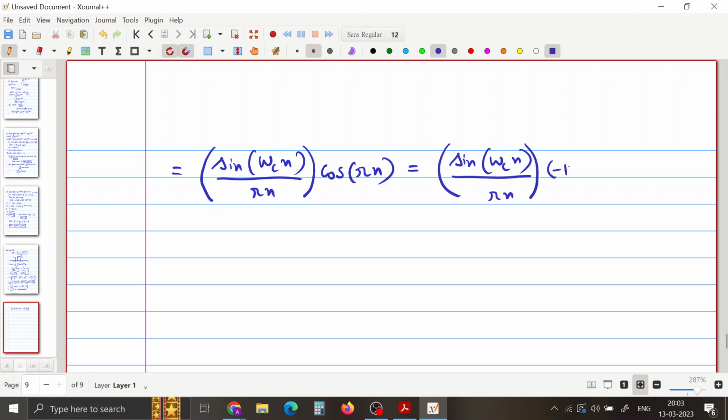Cos pi n is basically minus 1 to the power n. So it alternates the sign for every value of n. It takes the value 1 for even indices and minus 1 for odd indices. So this is in the desired form.